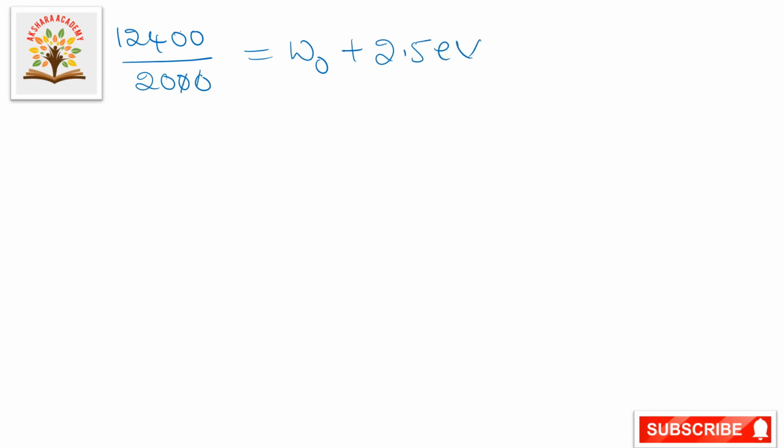Here the zeros get cancelled, and 6.2 minus 2.5 is equal to W naught. So we are getting work function W naught is equal to 3.7 electron volts.